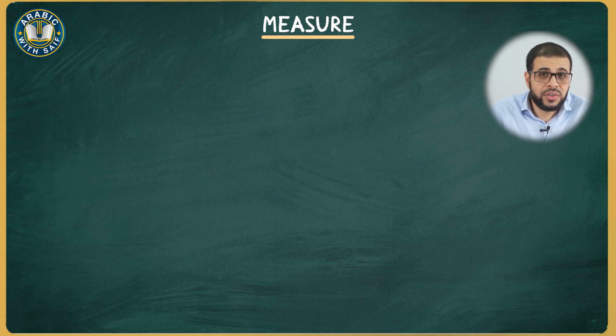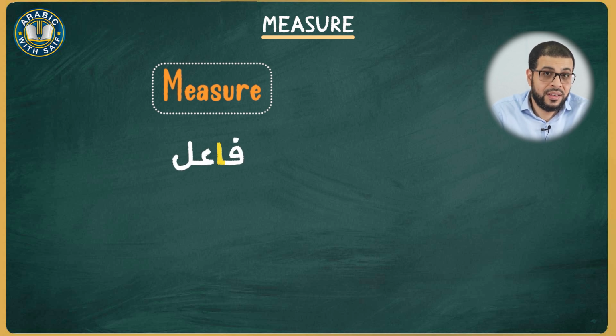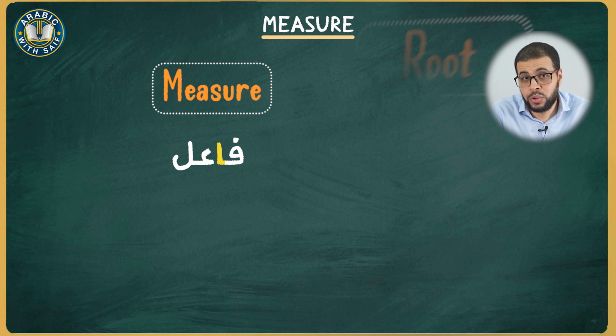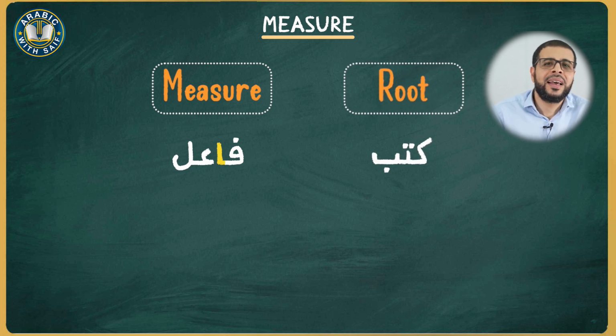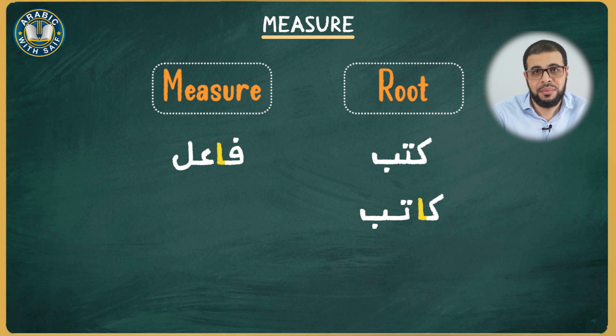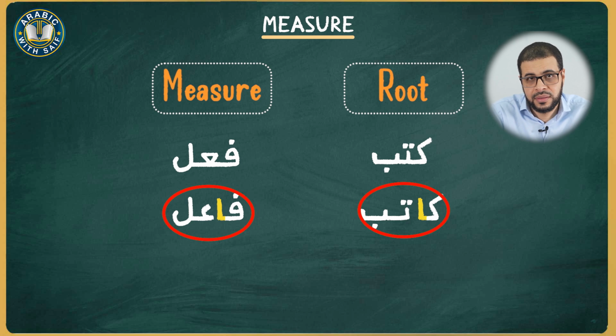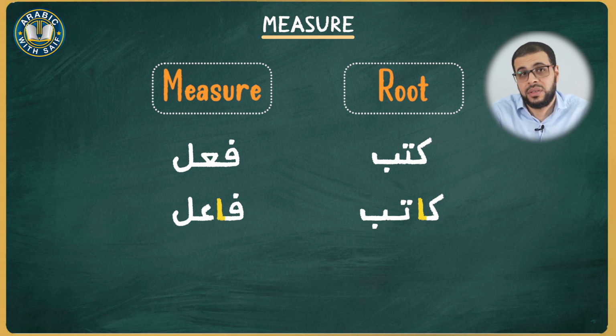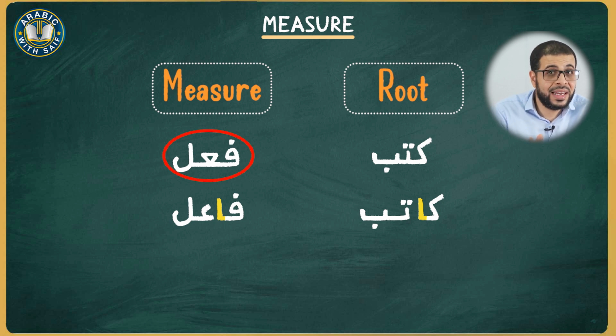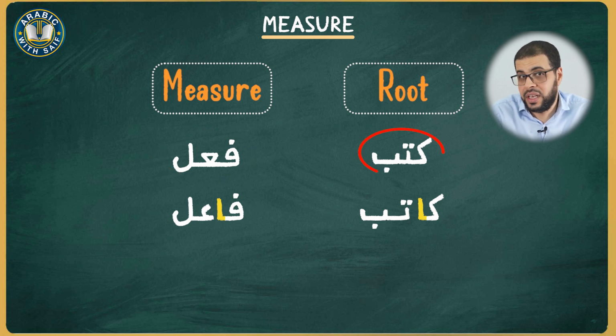Let's apply one of the measures. For example, فاعل. It means the one who does the root. By applying the measure فاعل to the root كتب, it will give us كاتب. كاتب has the same pattern, or wazn, of فاعل, and كاتب means writer. From the previous example, we know how to form any word, since we know that the pattern فعل consists of three letters.